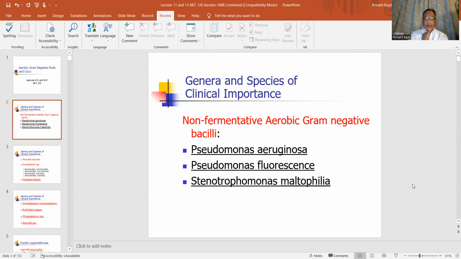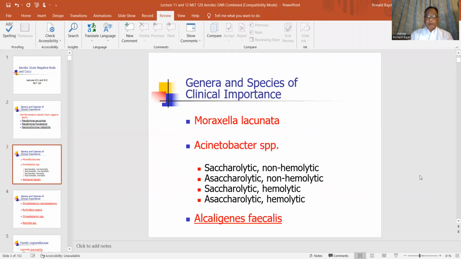Okay, so I'm going to be talking about the non-fermentative aerobic gram-negative rods, and it includes Pseudomonas aeruginosa. That's one of the biggest organisms in this group. Pseudomonas fluorescens and Pseudomonas maltophilia. That organism has an identity problem. It used to be Pseudomonas maltophilia, then it went to Xanthomonas maltophilia, and then now it's Pseudomonas maltophilia.